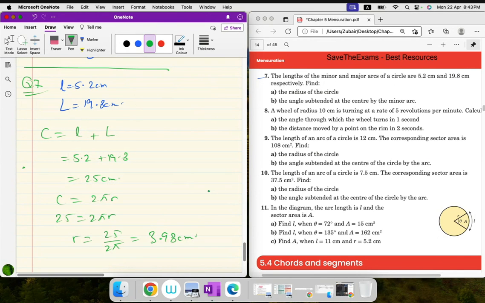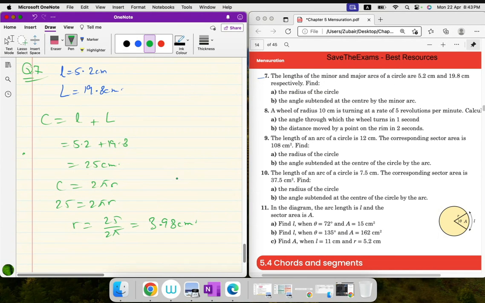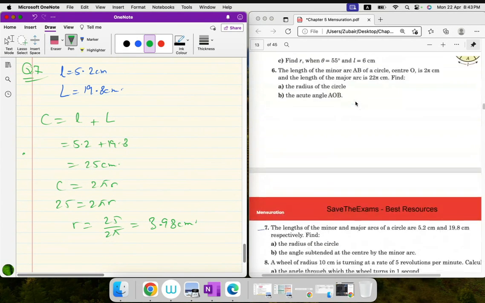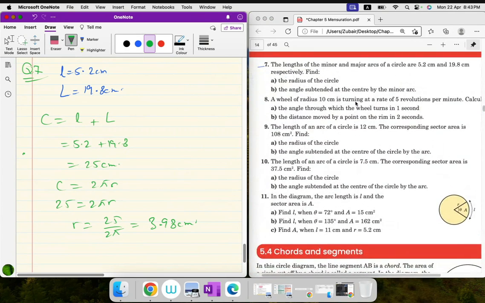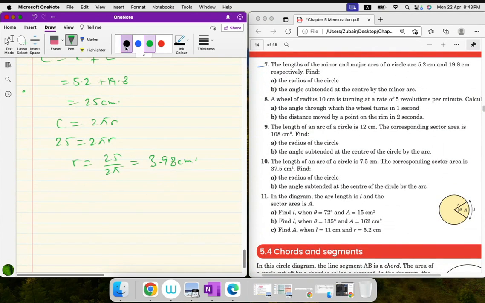B part says the angle subtended at the center by the minor arc. This was exactly the same as question 6. Arc length is equal to angle by 360 into 2 pi r, that is 5.2 equals theta by 360 into 2 pi, and the radius is 25 by 2 pi.